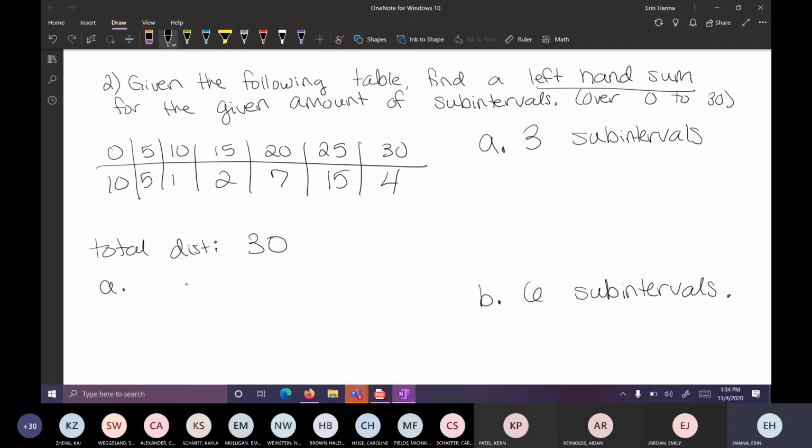In part A, if we want 3 subintervals, 30 divided by 3 means the width is going to be 10. And 30 divided by 6 subintervals will give us a width of 5.